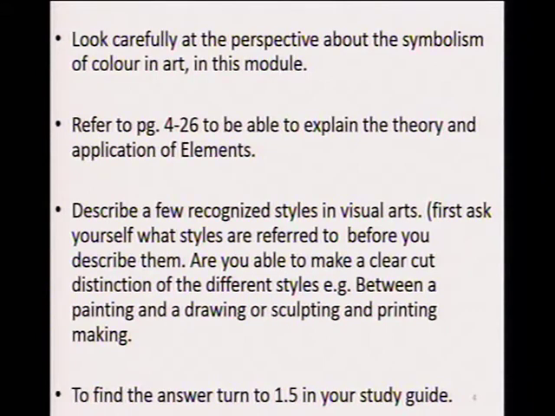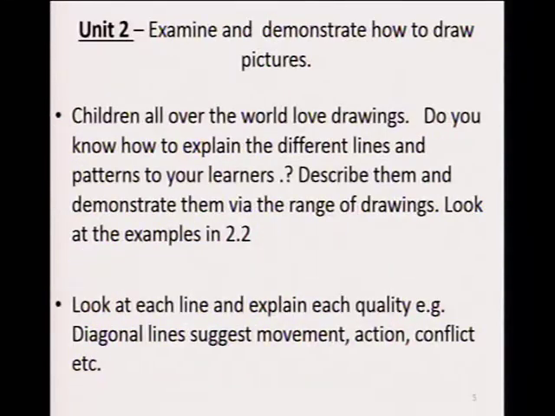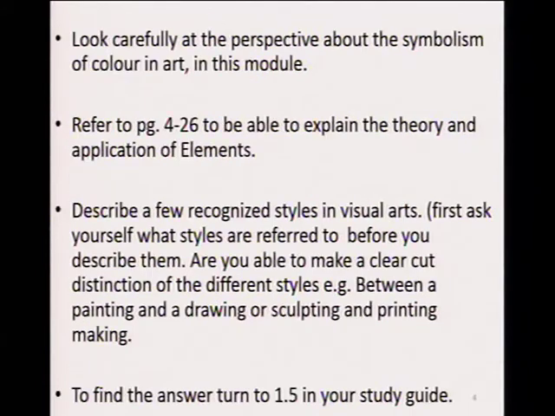First, ask yourself what styles are referred to before you describe them. Are you able to make a clear-cut distinction of the different styles, for instance, between a painting and a drawing, or a sculpting and a printmaking? To find the answer, turn to 1.5 in your study guide. You will find all the answers that you need.